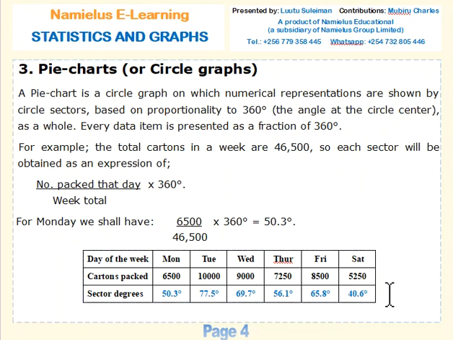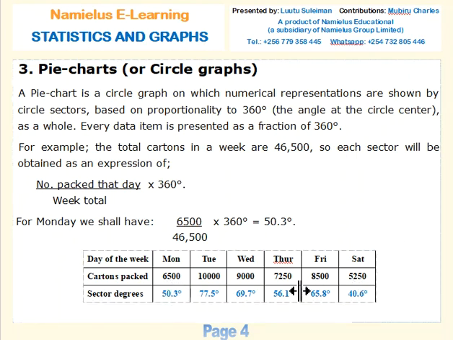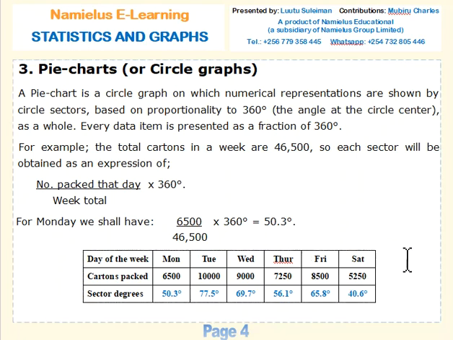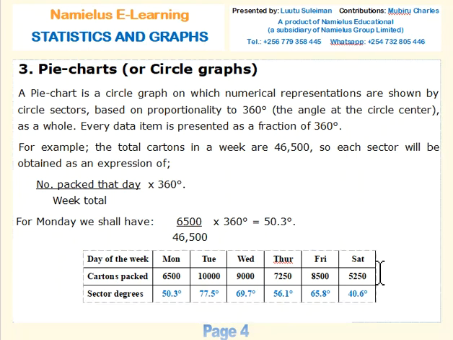So we are going to divide a full circle into these sectors using a protractor in order to come up with the pie chart that represents this information or data.